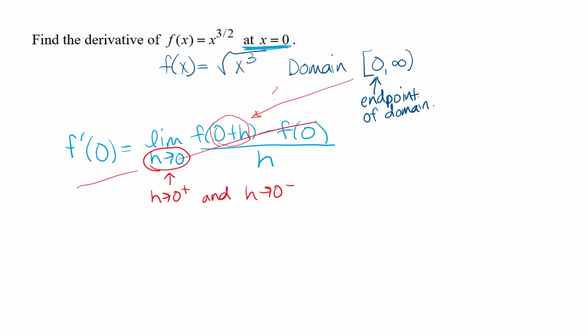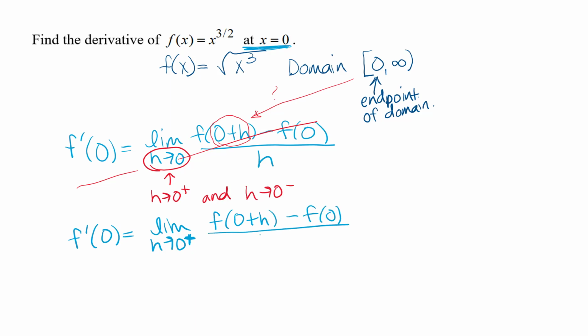I'm going to cross it out and write the better version right below. Okay, so because that point is an endpoint of the domain, we need to use the appropriate one-sided limit here. And for this one, we really can only be on the right side of x equals 0 because that's the only place we have actual domain points of the function. So this is the appropriate one-sided limit for this function because of the domain.